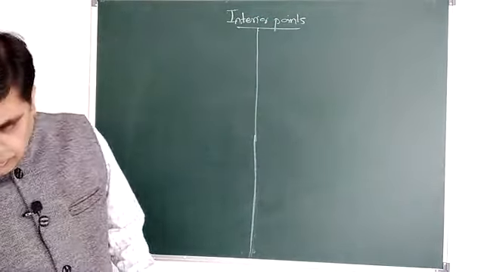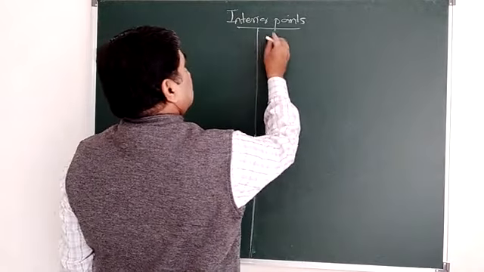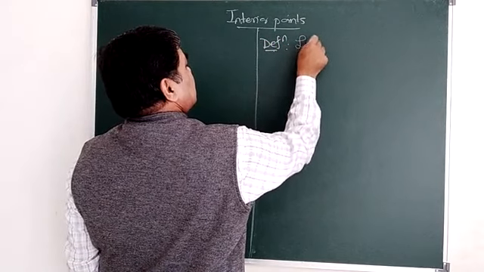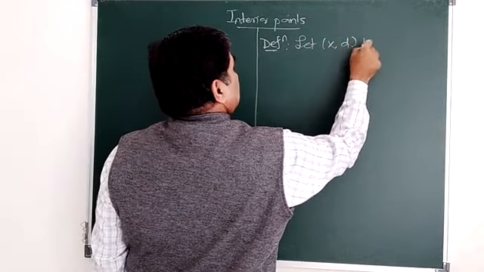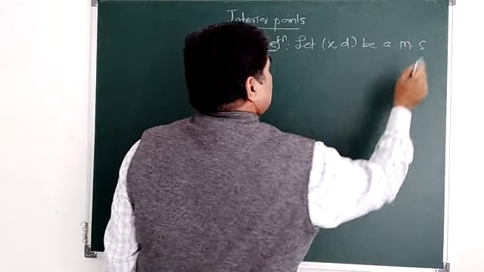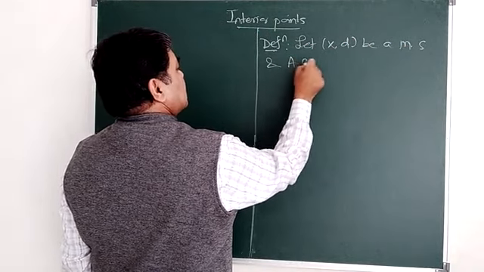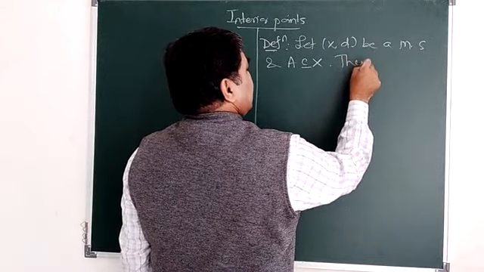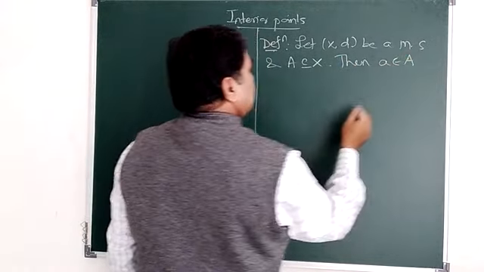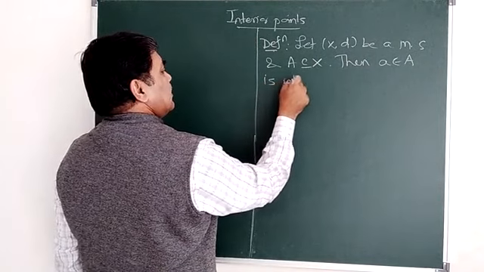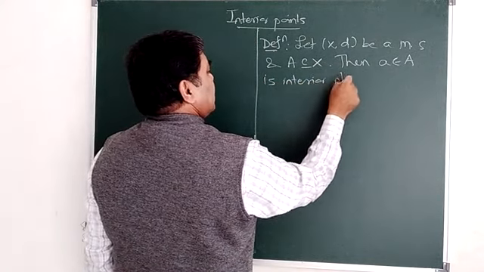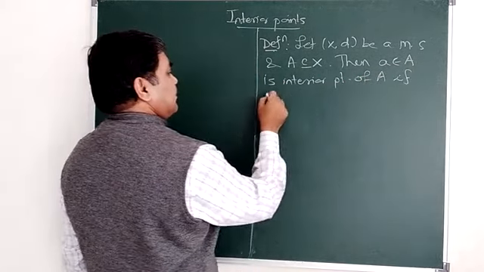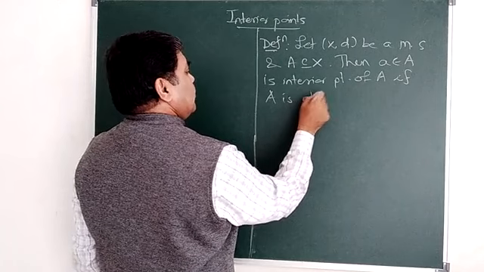So, the mathematical definition of an interior point. Definition: let (X, d) be a metric space, whatever your metric space may be, and A be a subset of X. Then a belongs to A is an interior point of A if A is a neighborhood of a.